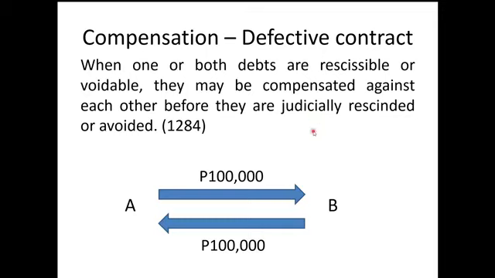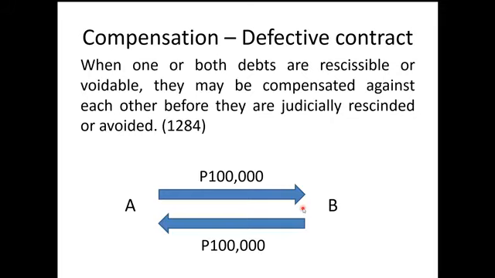Kasi ang reason dito is that rescissible contract are valid until rescinded and voidable contract are valid until annulled. Kaya meron siyang force and effect of law hanggat walang rescission o kaya walang annulment. Okay, pero kung halimbawa ito rescissible, unenforceable to, ay hindi pwede. Kasi pag unenforceable, di ba, valid siya but it cannot be enforced.